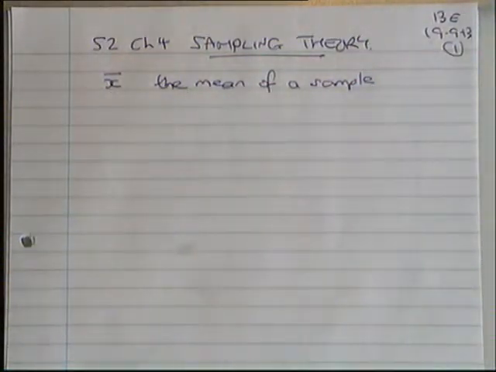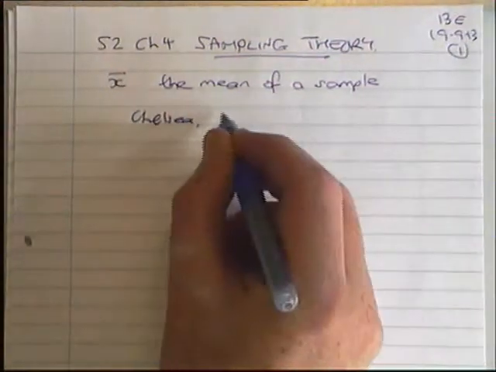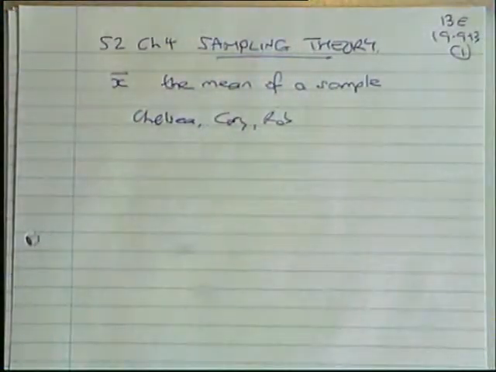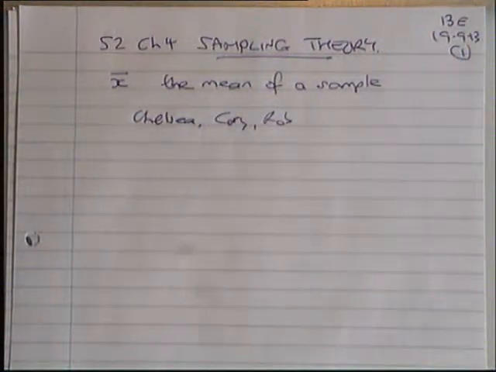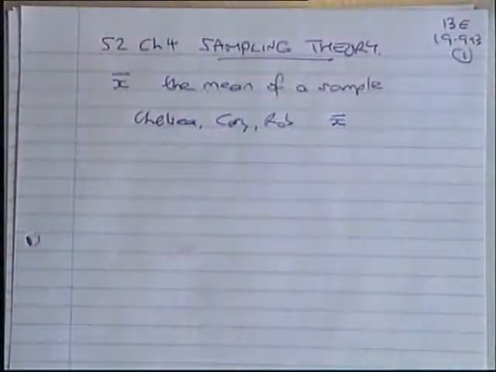I might, for example, pick Chelsea, Corey and Rob. And if I average your heights, that would give me a sample mean. I haven't done everybody, I've just done a sample mean.